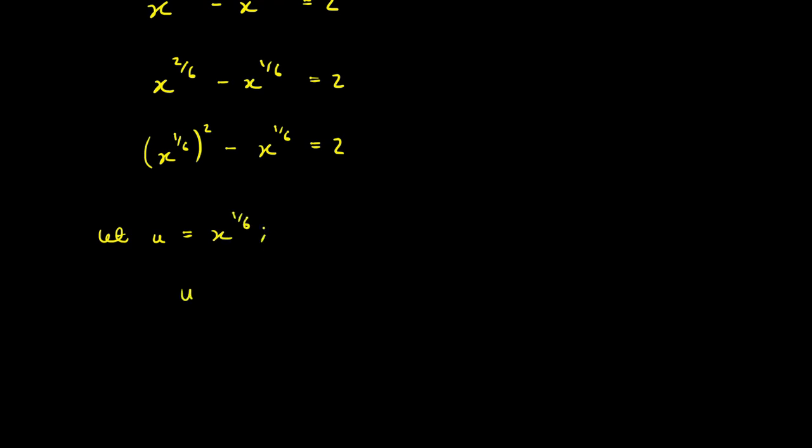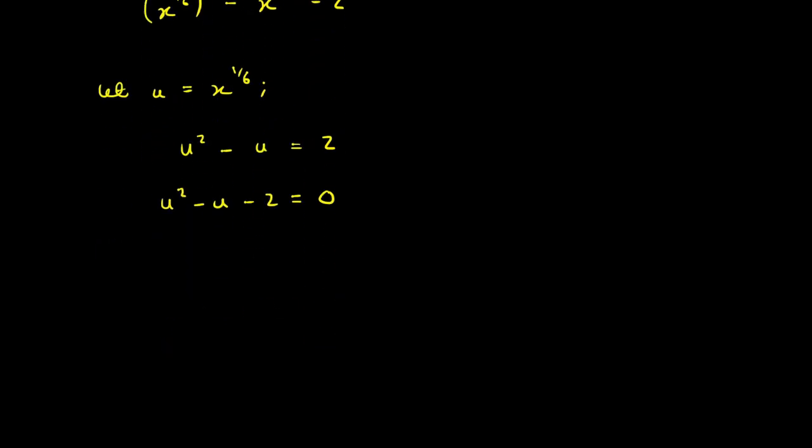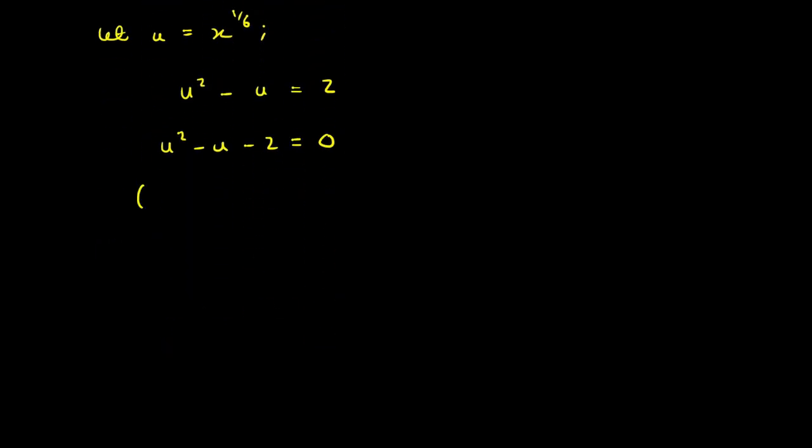And so we've got u squared minus u is equal to 2. Or rather, u squared minus u minus 2 is equal to 0. And then we can factorize this. So we get (u minus 2)(u plus 1) is equal to 0. And that gives us that u is equal either to -1 or u is equal to positive 2.